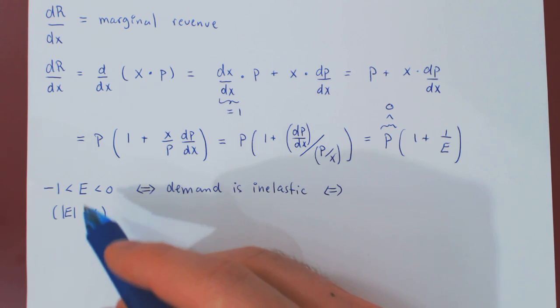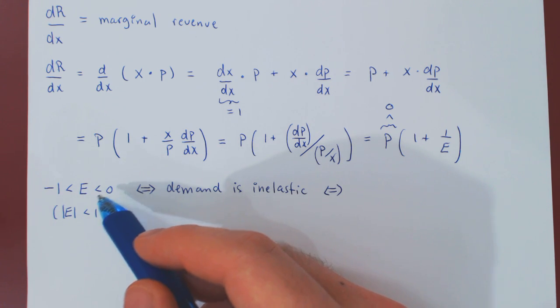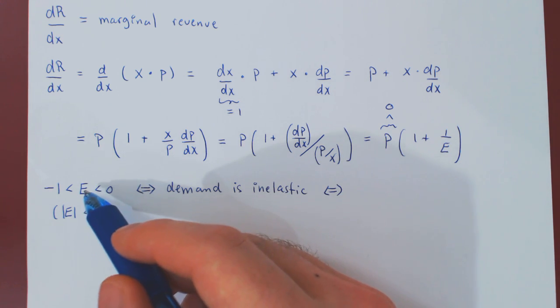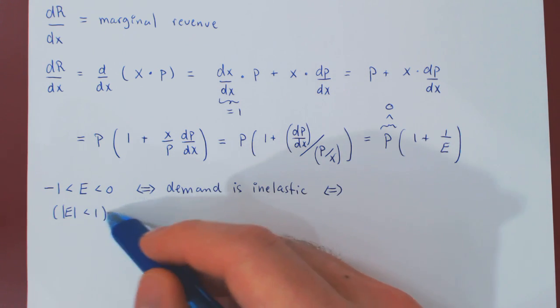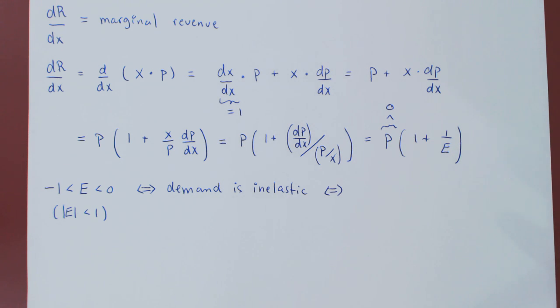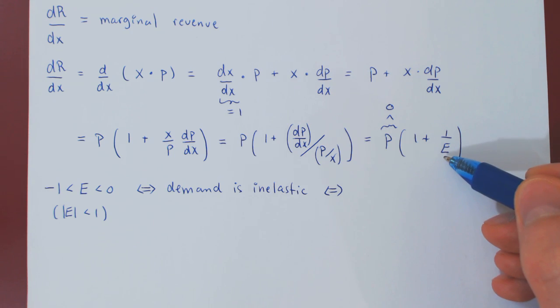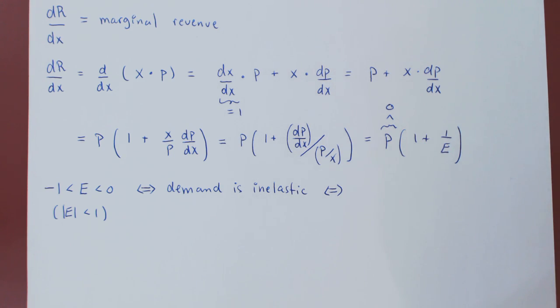But now think about it. If E is between -1 and 0, then 1 over E is, of course, negative, as E is always negative. But if E is less than 1 in size, then 1 over E will be bigger than 1 in size. So what you have here is a number that is negative and bigger than 1 in size. So that plus 1, of course, is negative.